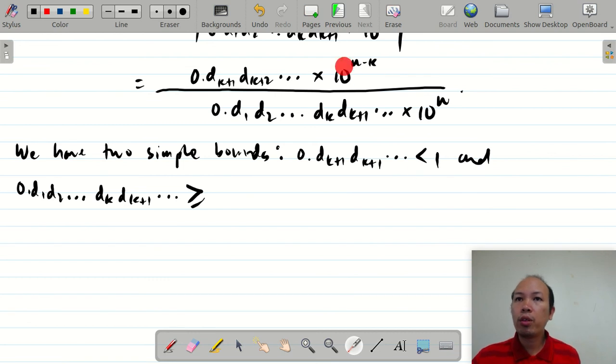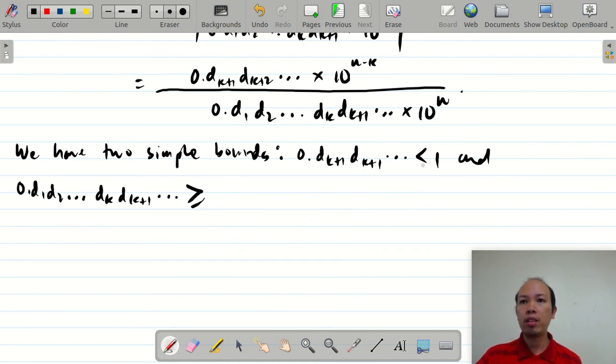So forget about 10 to the n minus k, because we can cancel out this here, just like in our previous discussion. This is just like a variable x, with the same base, so the exponent will be subtracted. So what is the bound for the fractional part?